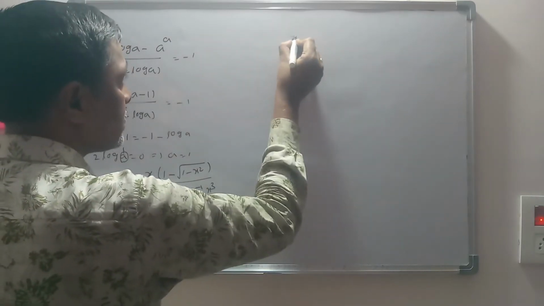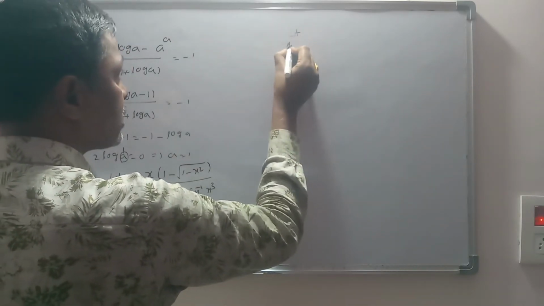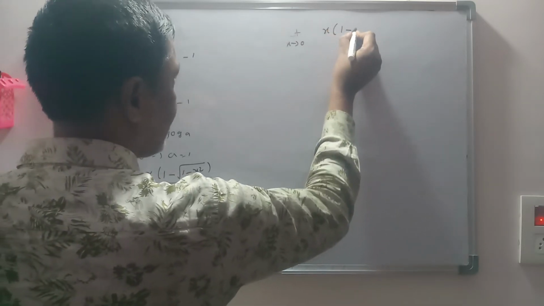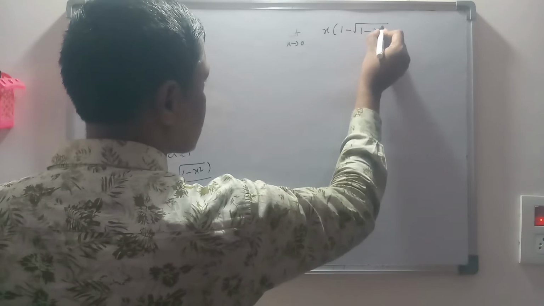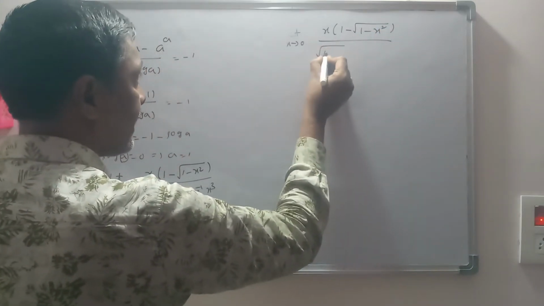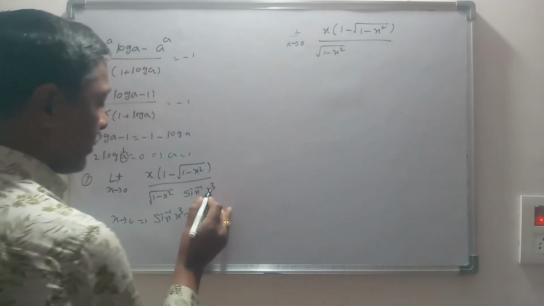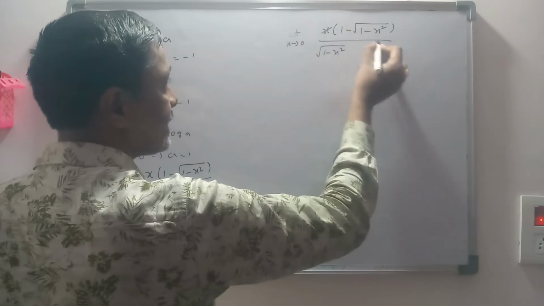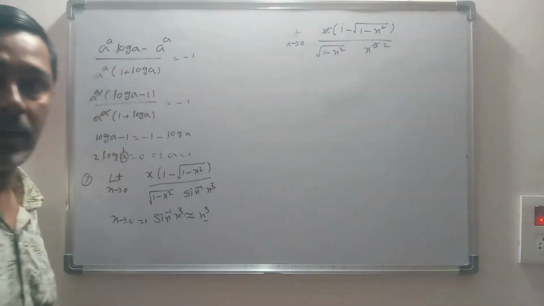So limit x tends to 0, x into 1 minus root of 1 minus x square by root of 1 minus x square, into x cube. One x gets cancelled, this is x square.